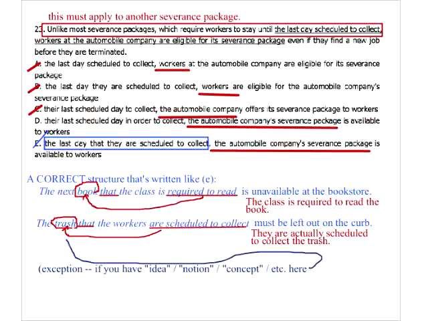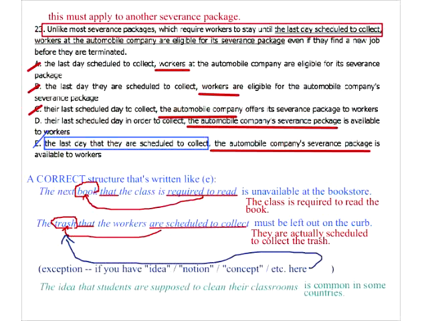Let me give you an example of that. If you have something like, the idea that students are supposed to clean their classrooms is common in some countries.